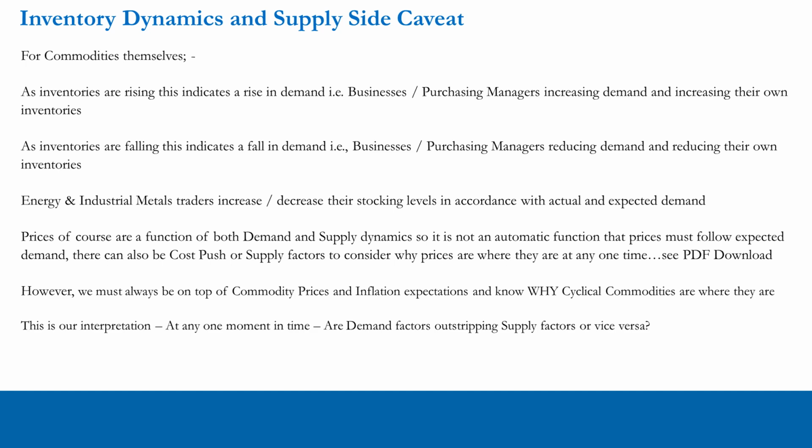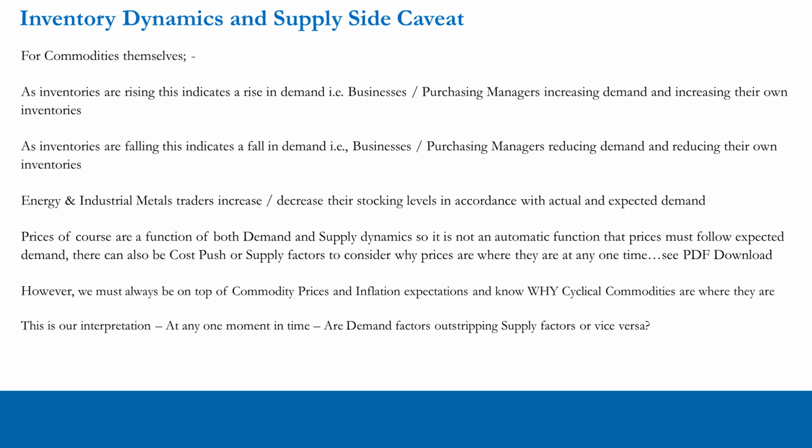So rising inventories is indicating a rise in demand from purchasing managers, and that would be indicating bullish conditions. And inventories falling, that's indicating a fall in demand from purchasing managers, and that is indicating, obviously, bearish conditions.